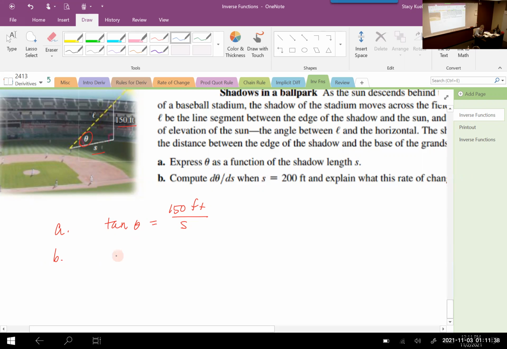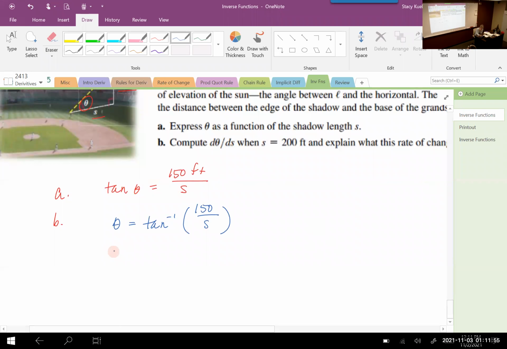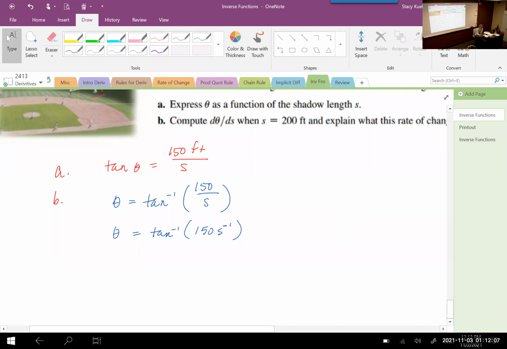So let's rewrite this so that it looks like inverse tangent of 150 over s. Because I'm going to take the derivative, I'm actually going to go one step further and say inverse tangent of 150 times s to the -1, if you want to look at it that way.